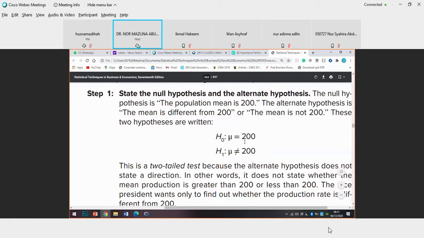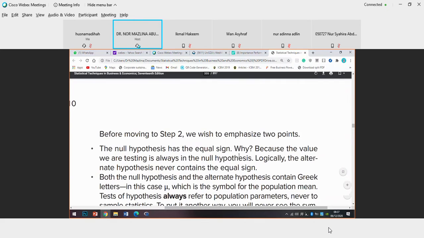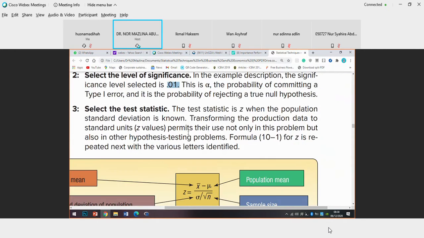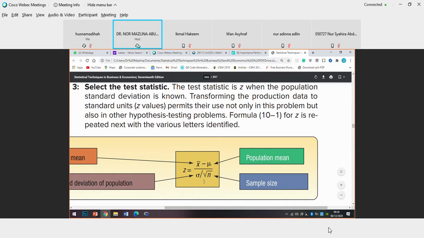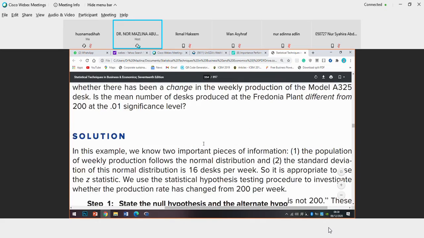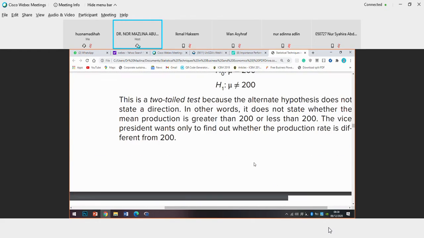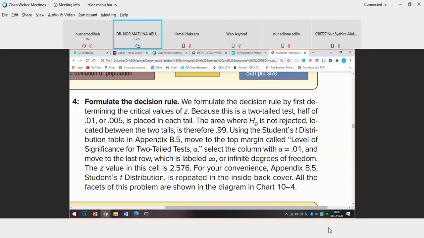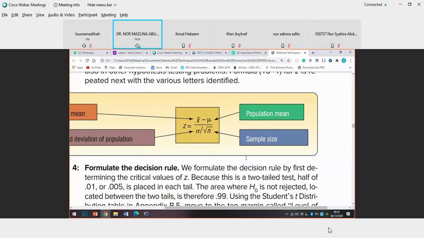After you make this statement, you make the hypothesis. Next is you select the level of significance, which is 0.01, alpha equal to 0.01. Then you select the test statistic, the third step, in which you choose Z. We choose Z because the sample size is big, more than 30, and we also know that the distribution follows the normal distribution.